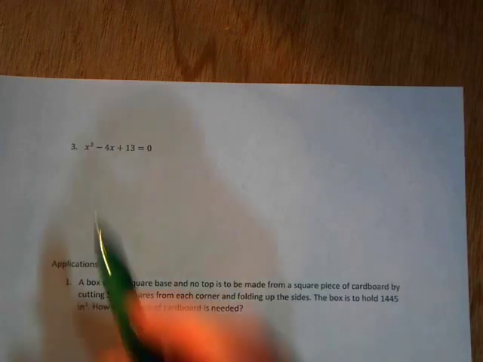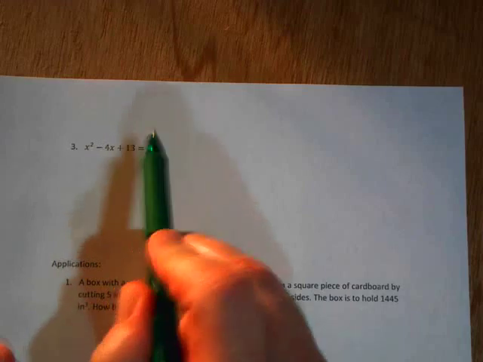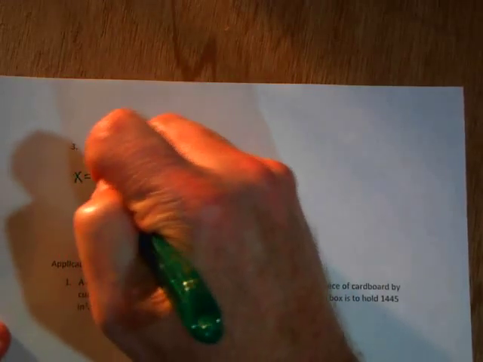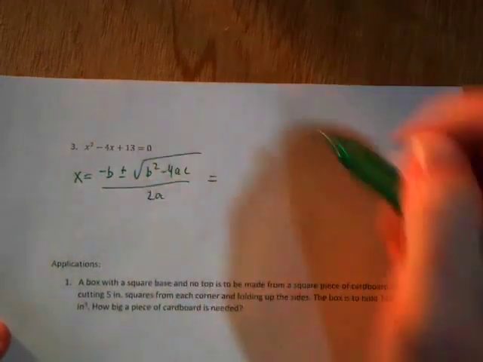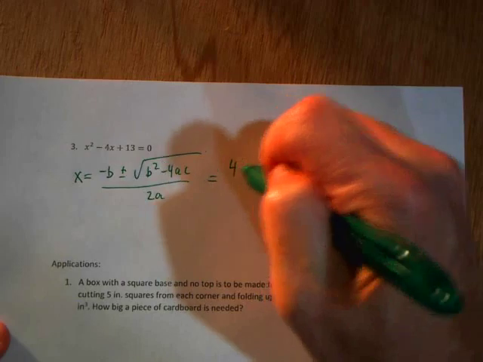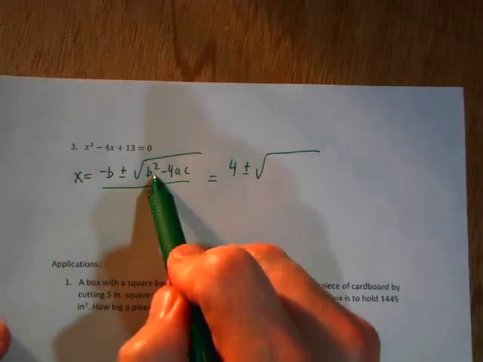Oh, applications, you can see them there already. Okay, well this one's all set up for using the quadratic formula. It's got 0 on one side. So x is negative b plus or minus square root of b squared minus 4ac all over 2a. That's 4 plus or minus square root of negative 4 squared is 16.